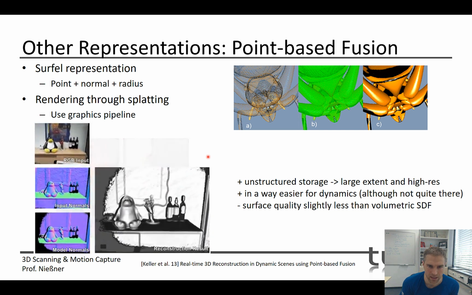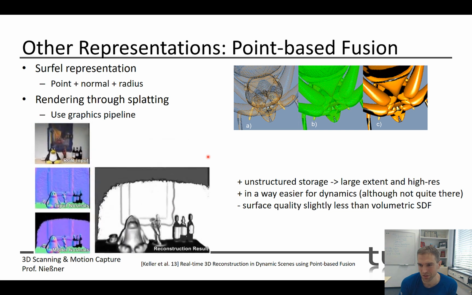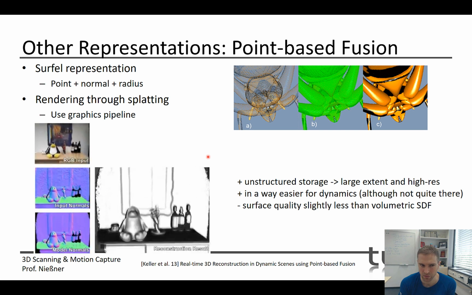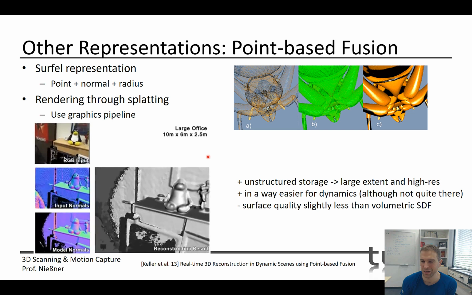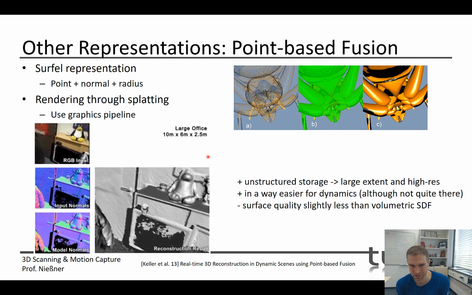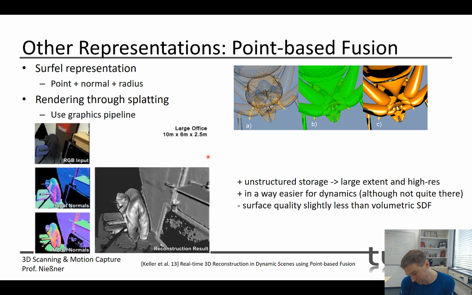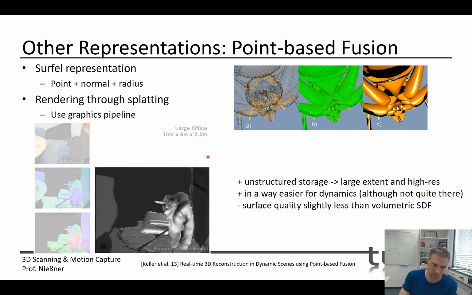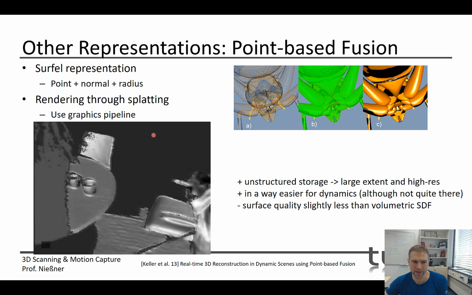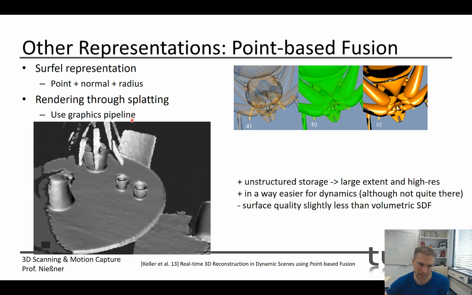Okay. There are a few other representations I wanted to talk about. There are also point-based fusions. So rather than storing it in a grid, instead of voxels, you can use surfels. A surfel is basically a point plus a normal plus a radius. The advantage is this is unstructured, so doing updates is also relatively cheap. The rendering you have to do via splatting.